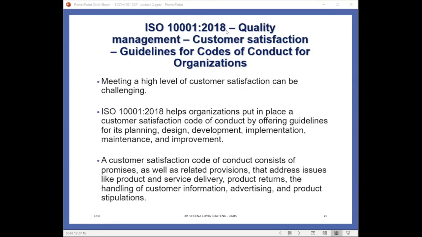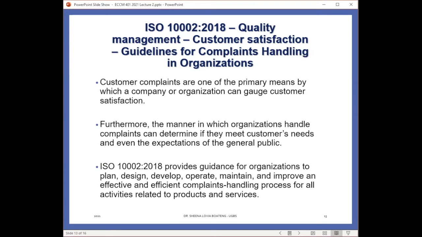Next, we can talk about ISO 10002. And this one specifically deals with guidelines for what? Complaint handling. The first one dealt with customer satisfaction, what? Guidelines for code of conduct.